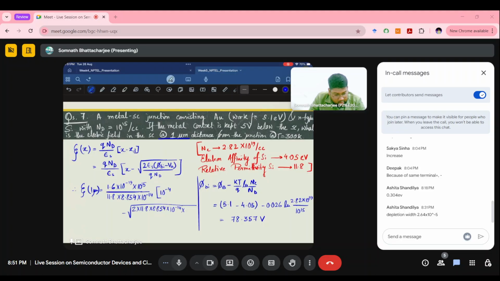Just a second, there might be some mistake from my side. So it was calculated as, okay, this is like this. Let me rewrite it then.